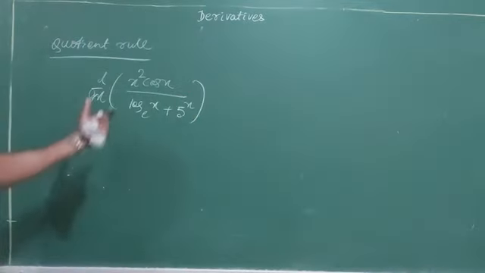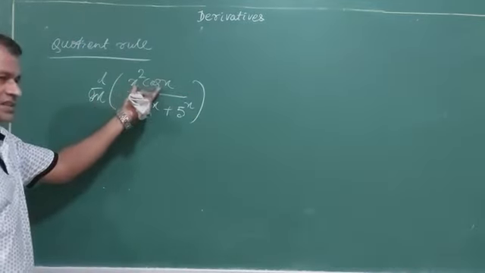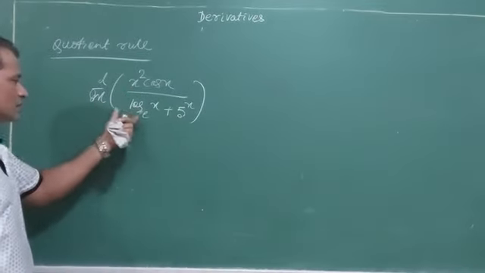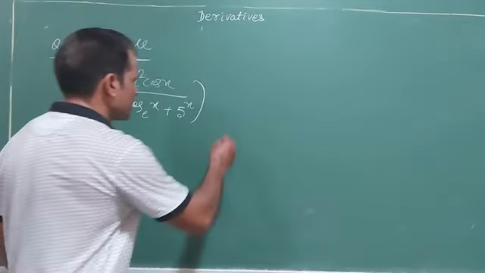You can see the numerator consists of a variable term, and the denominator is also a variable term. So how does it start?